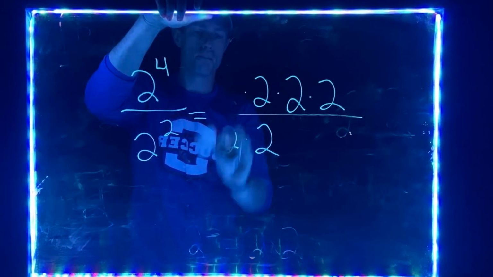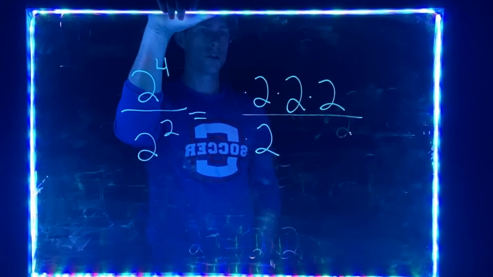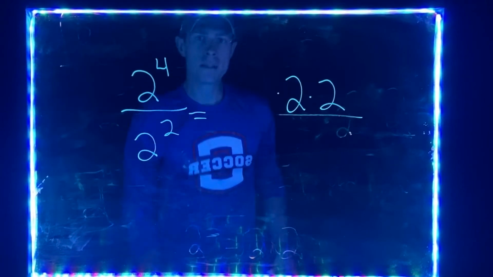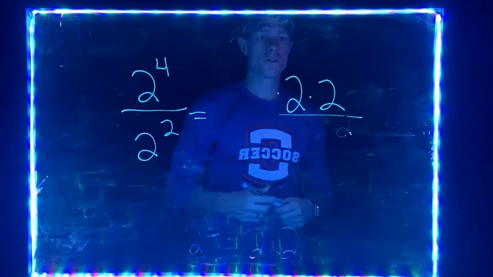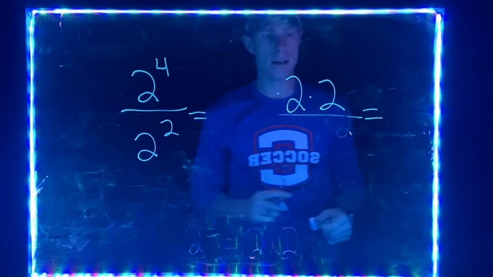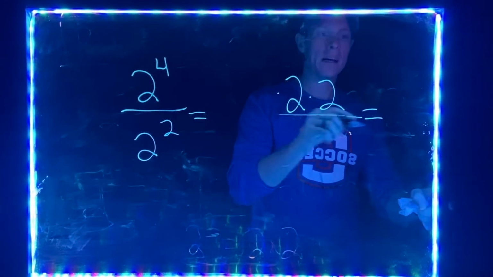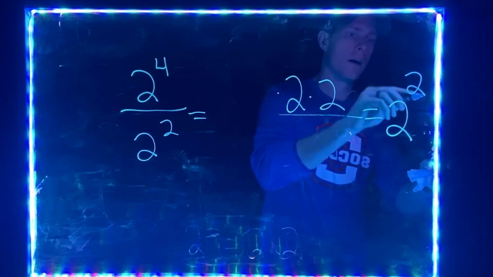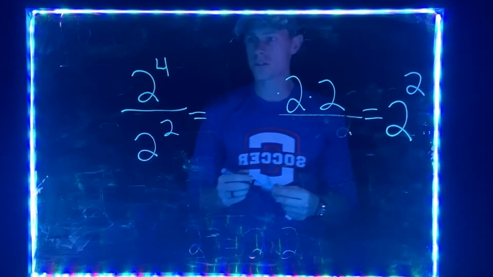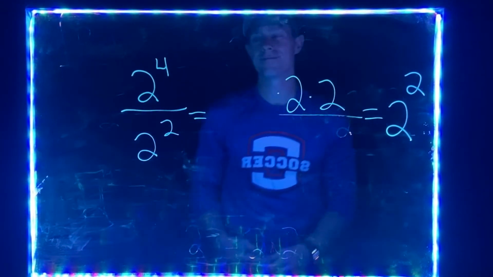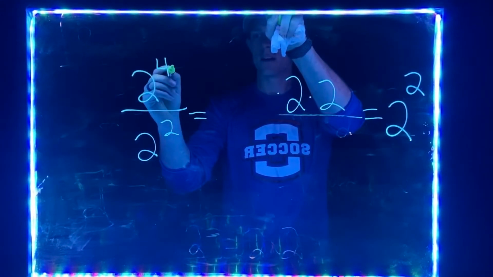2 divided by 2, boom, gone. 2 divided by 2, boom, gone. I'm left with 2 times 2. And we know how to write that in exponential form. That's base 2 with an exponent of 2. And you're like, wait, Mr. S, isn't there a shorter way of doing that? And I'm like, yes, there is.